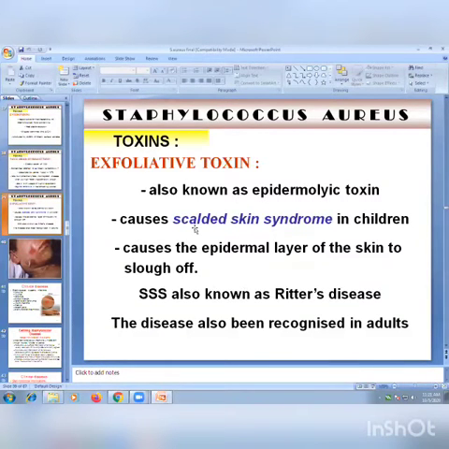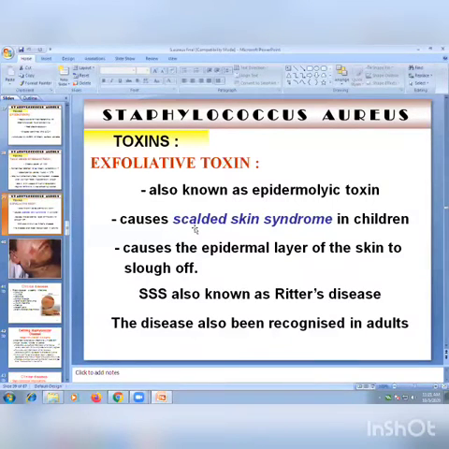Exfoliative toxin. So one more very important toxin produced by this organism is exfoliative toxin, also known as scalded skin syndrome toxin or epidermolytic toxin. It causes scalded skin syndrome in children, causing the epidermal layer of the skin to slough off.